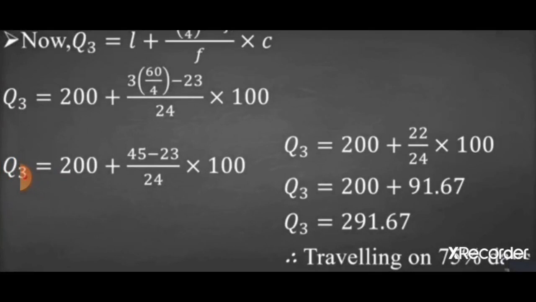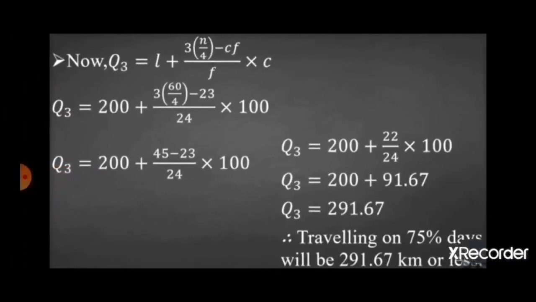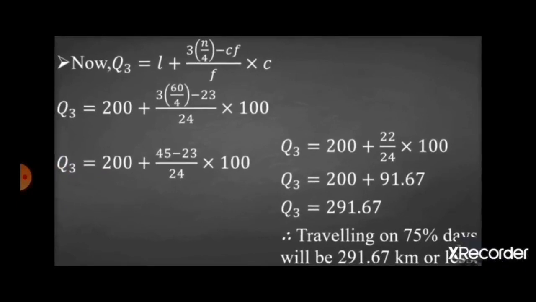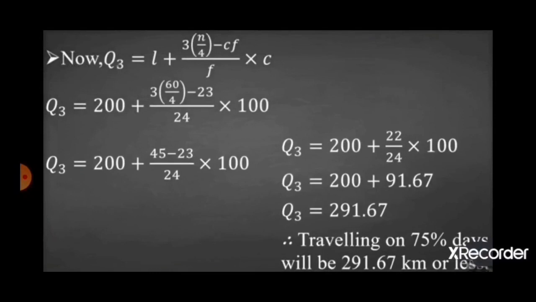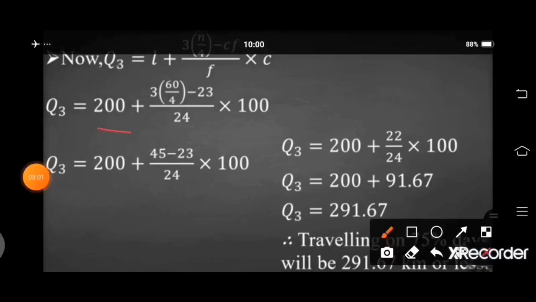Quartile 3 equal to L plus 3n upon 4 minus CF, then into C divided by F. L equal to 200, CF equal to 23, F equal to 24, into 100. We will write 200 as it is, solve this, write the answer here, then into 100.